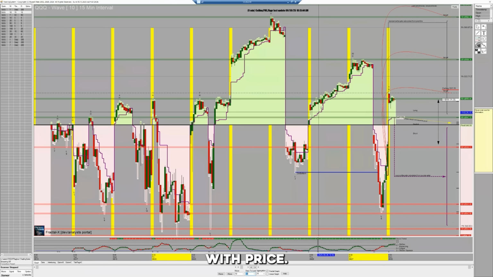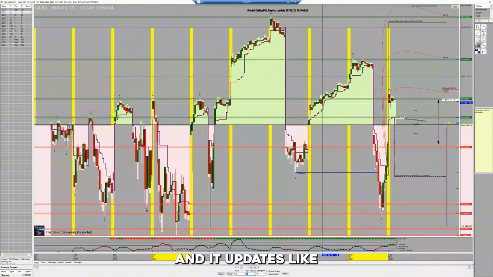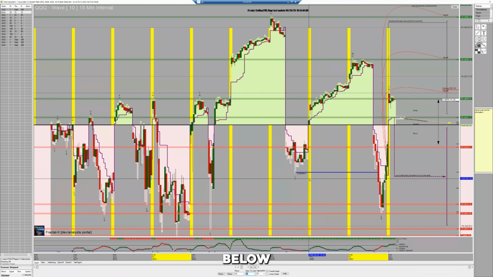It updates live. There's not much delay on it. If the price is above the vector, the price will take support from it, the vector will act as a support. And when the price is below it, it's gonna act as a resistance. Make sense? Like right here, it acted as a resistance.